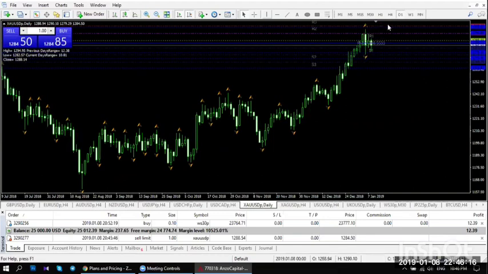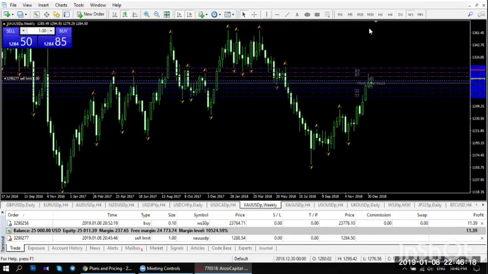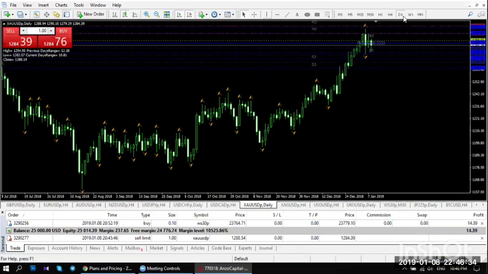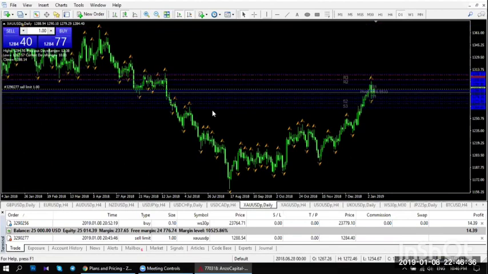So the body pivots are always in swing lows or swing highs. So we can observe them at that point. You see, we've had the swing low pivots at the ends of the V shapes or reverse V shapes.